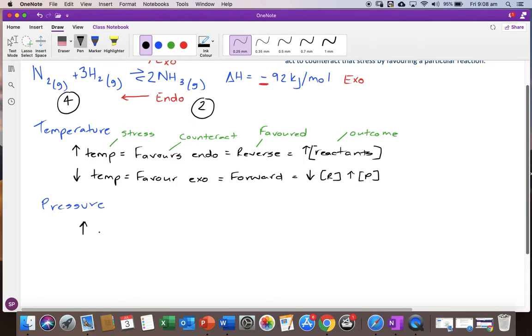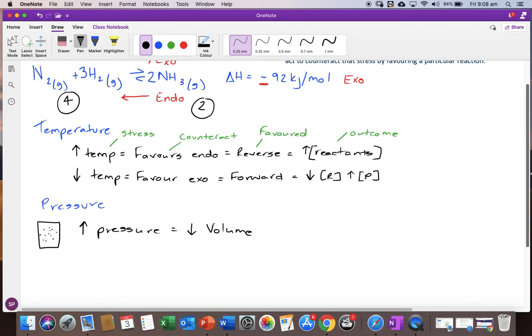If I increase the pressure of the system, increasing pressure actually means that you have decreased the volume. Remember in equilibrium, we're talking about a closed system.